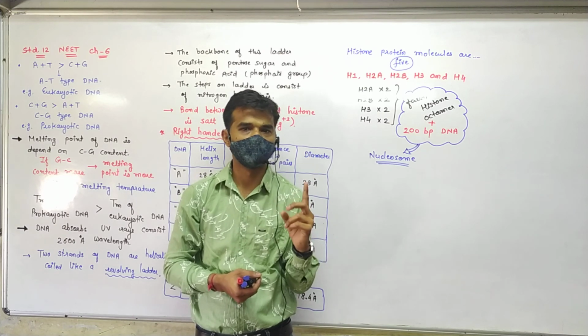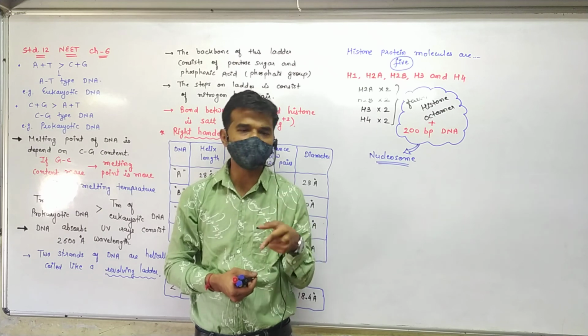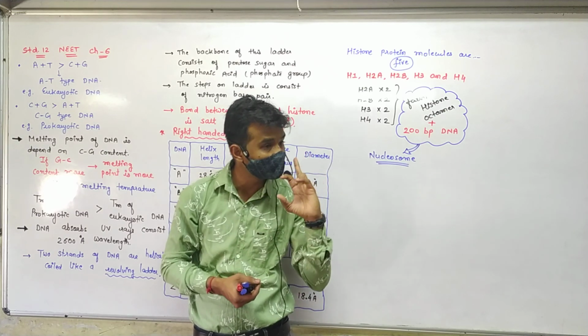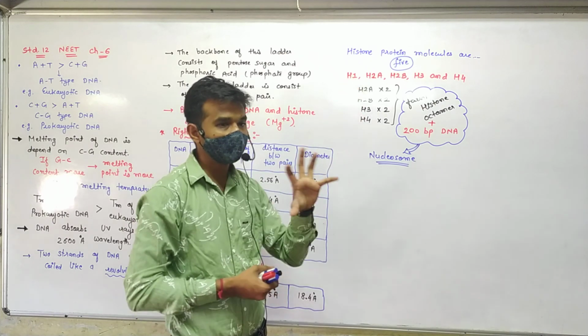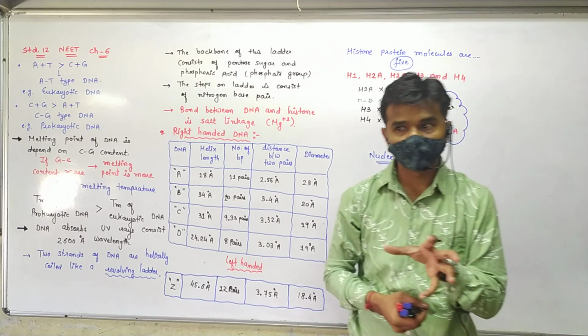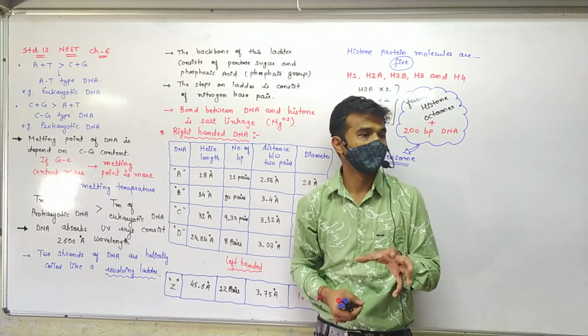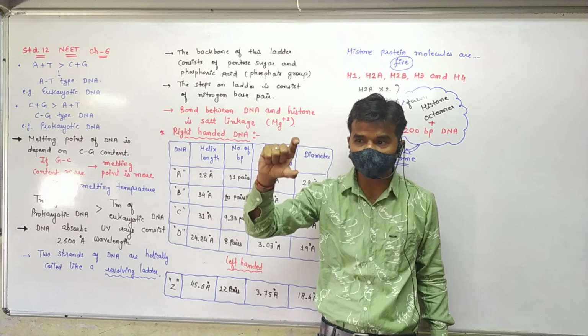Now, two successive nucleosomes are joined together by the H1 histone protein. See, the diagram of that nucleosome is given there, and on that side of the nucleosome the large H1 protein is given.